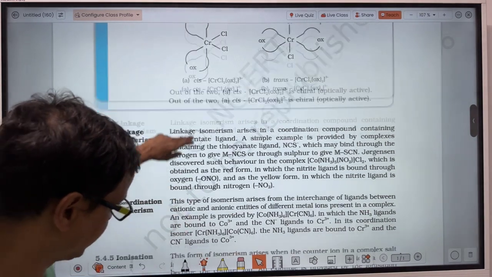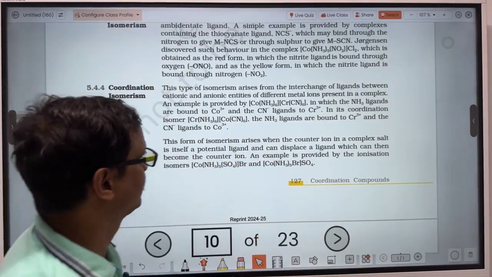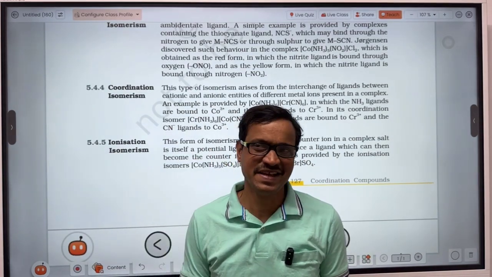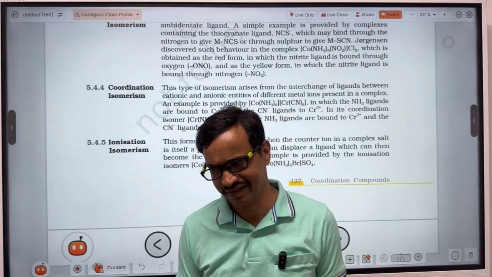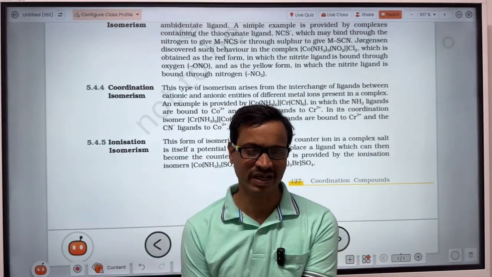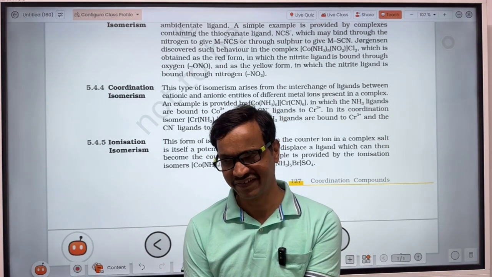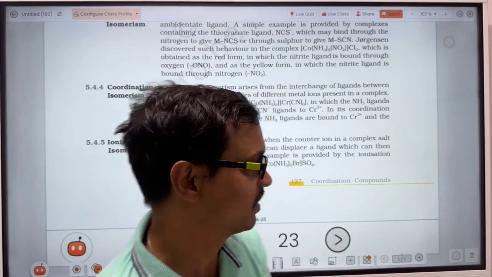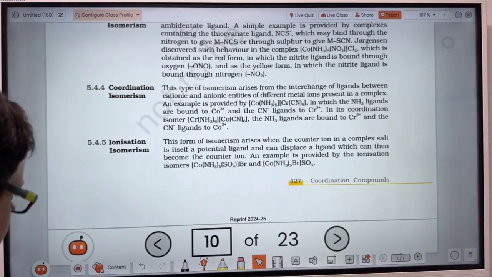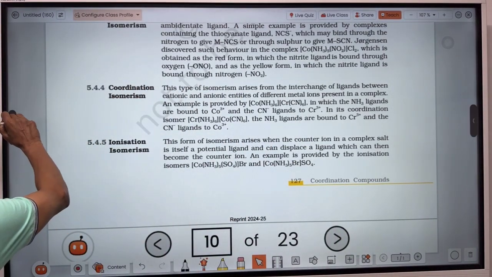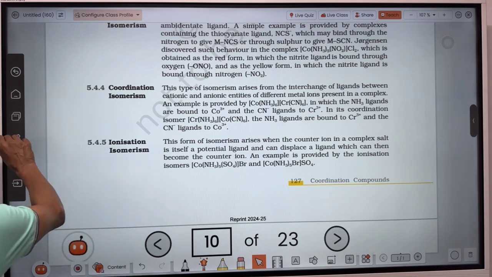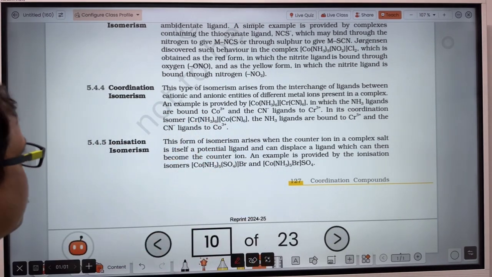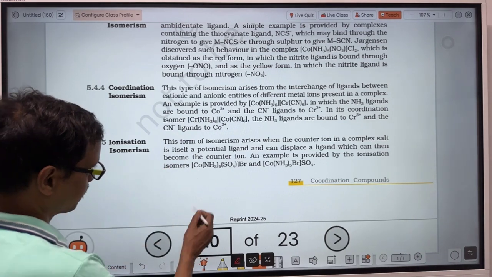Ionization isomerism means the phenomenon in which two compounds have the same molecular formula, but when dissolved in water give different types of ions. Let's see this by a formula example. I shall not write the IUPAC name here. Simply consider ionization, like this compound.